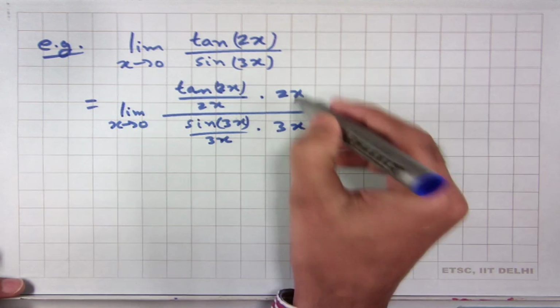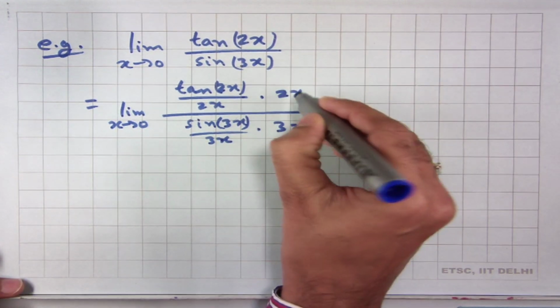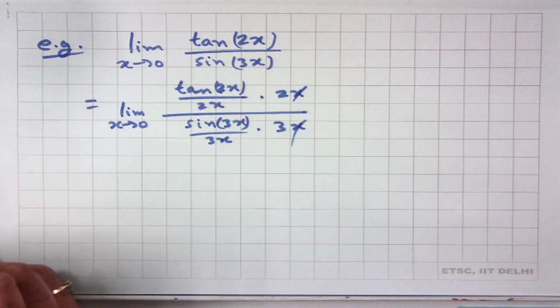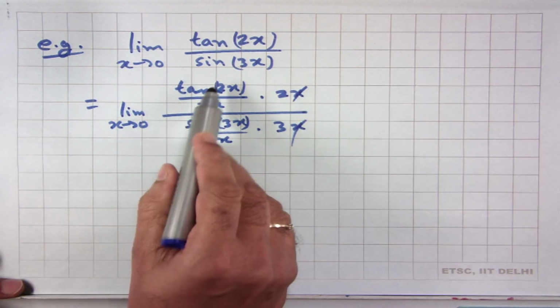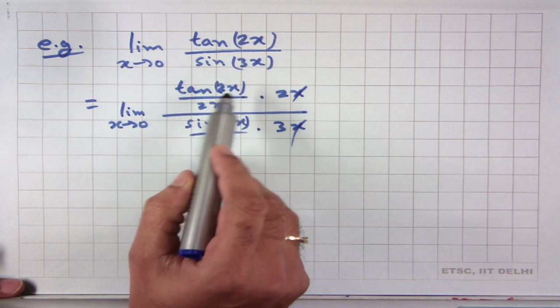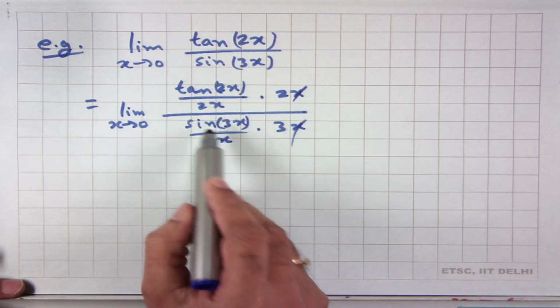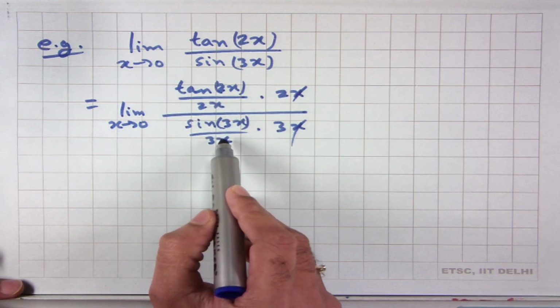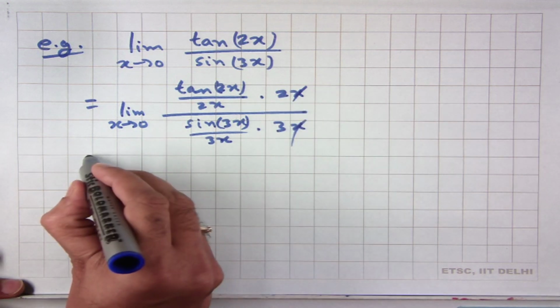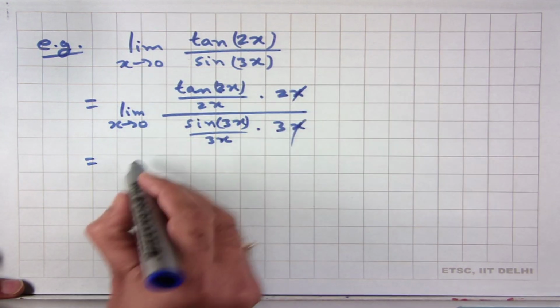Now, in this 2x by 3x, if x is non-zero, I can cancel the x, and then we know the limit of tan y by y as y approaches 0 is 1, and the limit of sin y by y as y approaches 0 is also 1. The constant can be taken out of the limit.